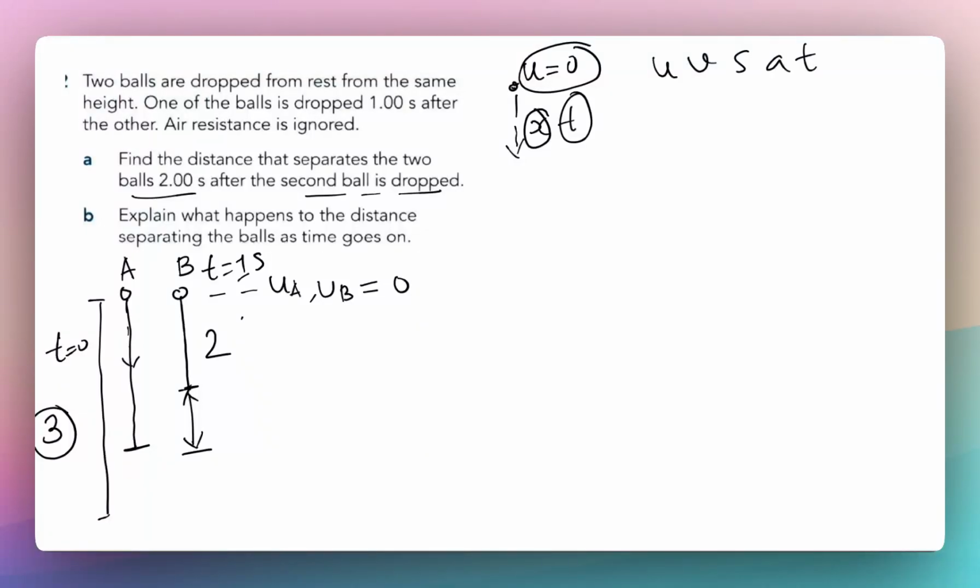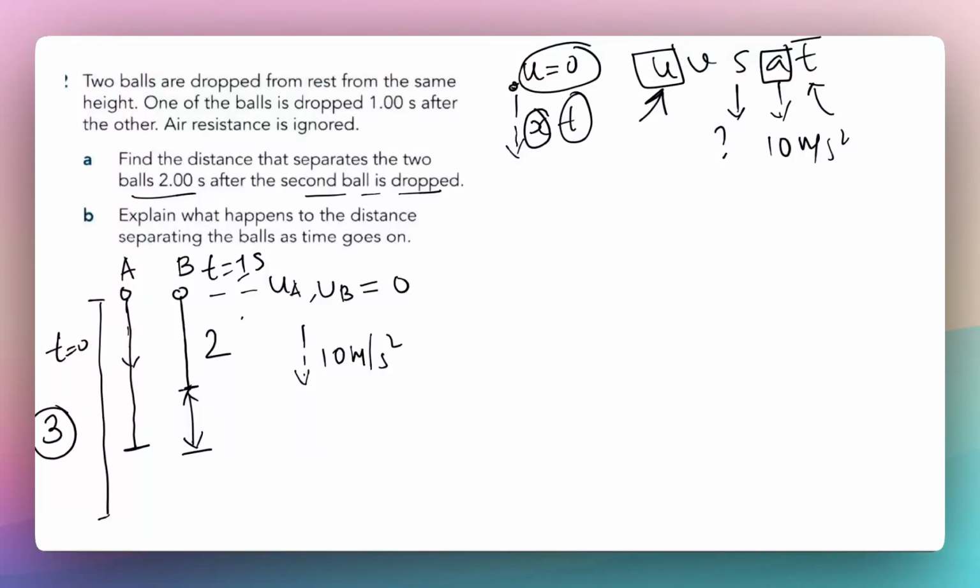We can plug in 1 second, 2 seconds, whatever. The acceleration is downwards because of gravity, 10 meters per second squared, so our acceleration is also equal to 10. Now we know three variables, so plugging in t, we can find s.